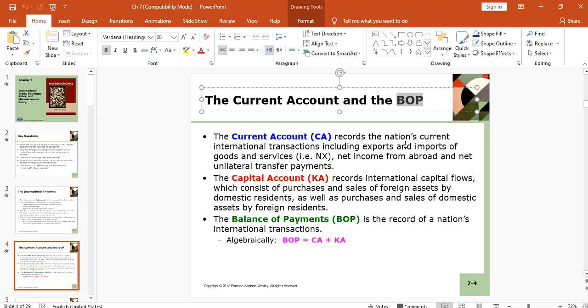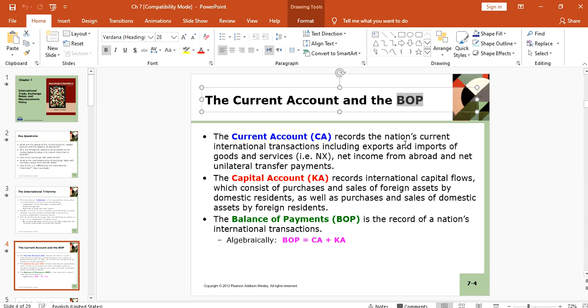The governments keep this at zero. The balance of payments should be balanced. It means it should be zero or very close to zero.